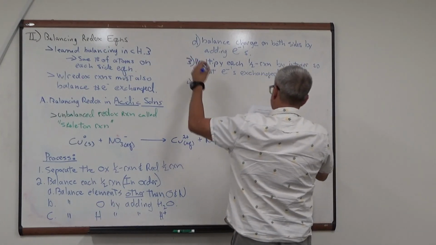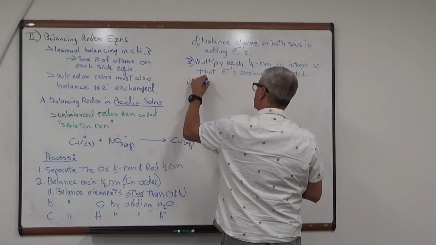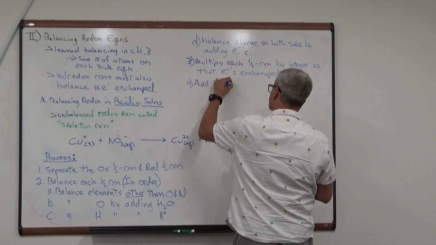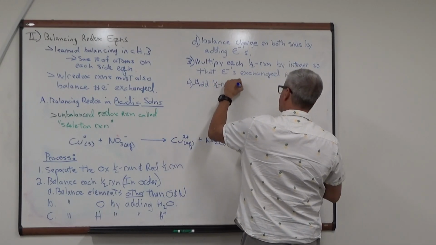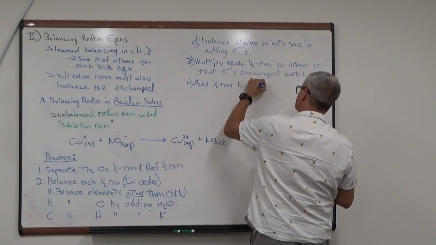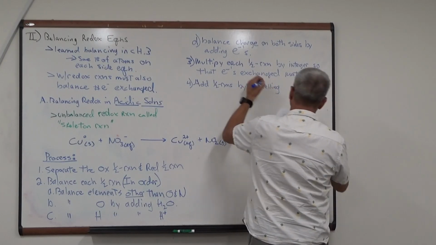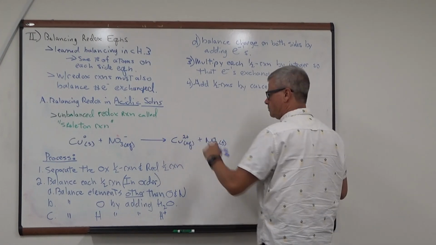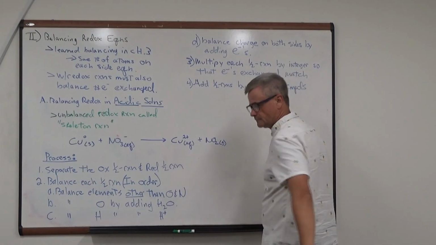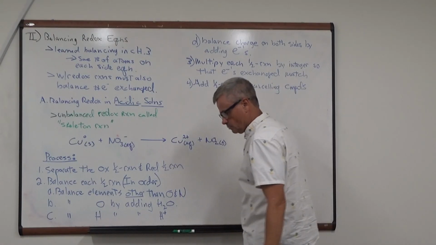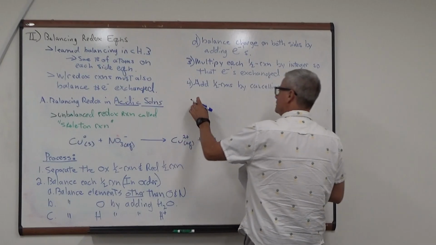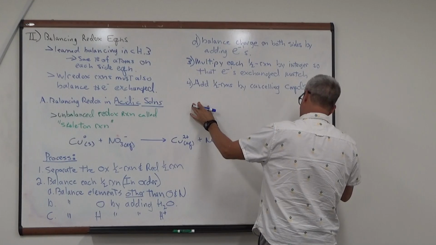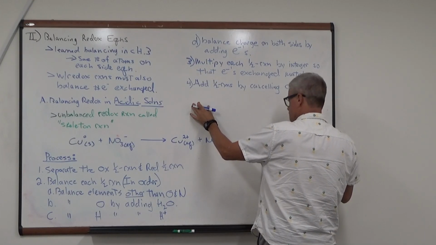All right. Now add half reactions by canceling compounds. And you might be canceling an entire compound. It's often water. So maybe you've got 2 waters on the reagent side over here, but on the other half reaction, you've got 2 waters created.